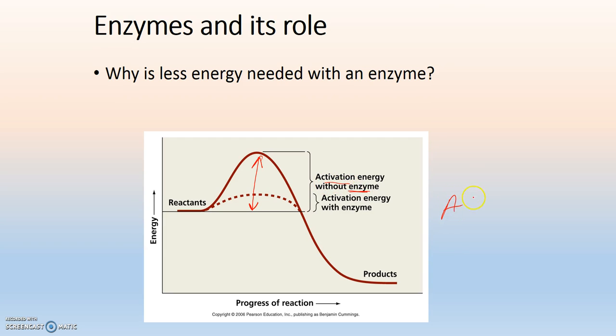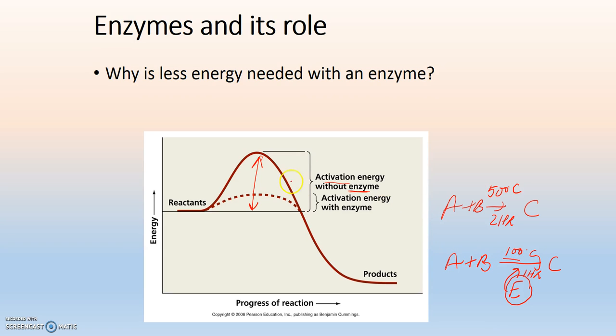So if you have this reaction, A plus B is giving you C, you may have to heat it 500 degrees Celsius minimum of 2 hours, okay? But if you use an enzyme, same reaction, A plus B is giving you C, but now you're using an enzyme, you may just have to heat it for just 100 degrees Celsius, just for maybe 1 hour. So notice that the advantage of using an enzyme is not only are you changing the speed, in this case is going faster, but you're using less energy.